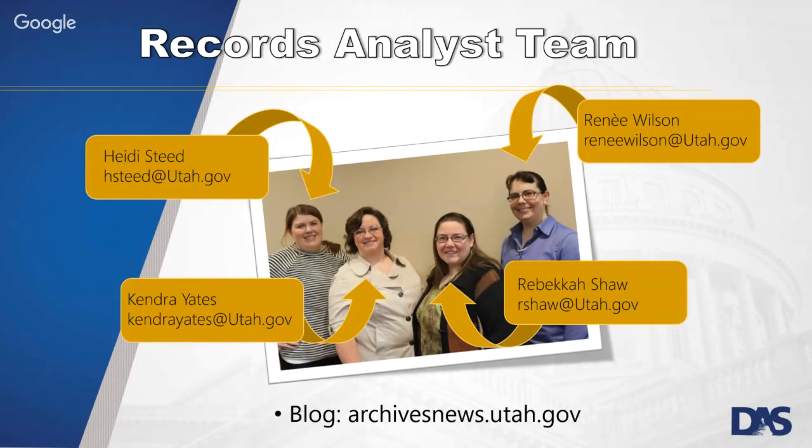Kendra Yates is the manager of the record analysts. She is also the analyst for elected offices, governor's office, auditor, those agencies. Renee is your go-to person for almost all of state government. And I am the analyst for education agencies: colleges, school districts, charter schools. If you have any questions, let us know.